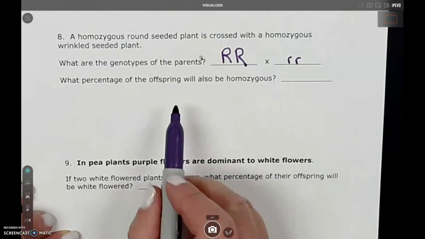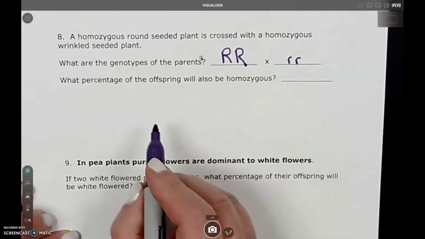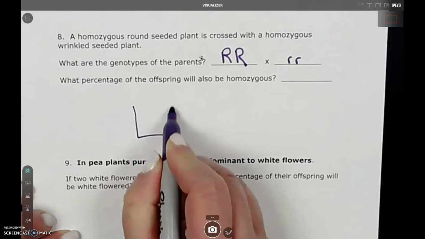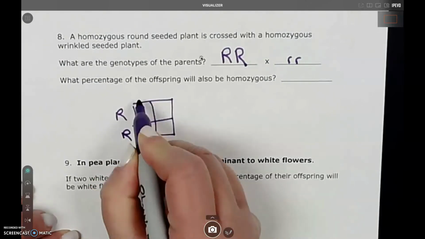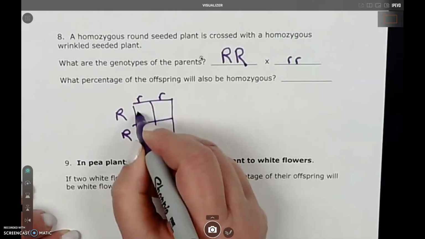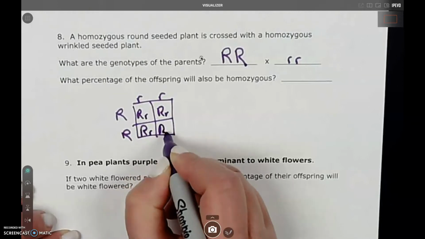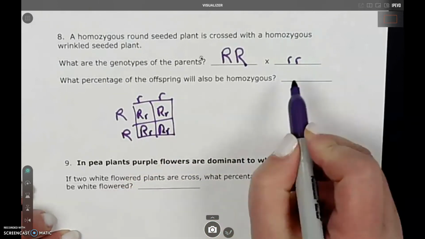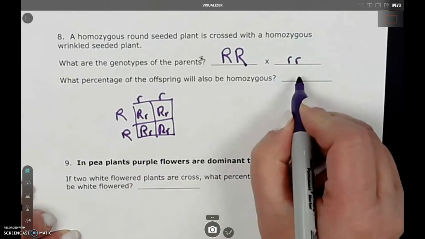Okay? The percent of offspring that will also be homozygous. Well, that's what you got to figure out. So you're going to draw your square. You're going to put your r's there. And then you're going to fill in your squares. And for some of you, I know this is already too simple. Are any of them the same? No. 0%.